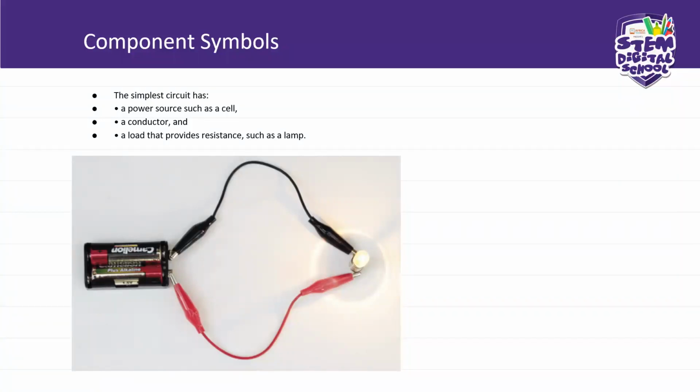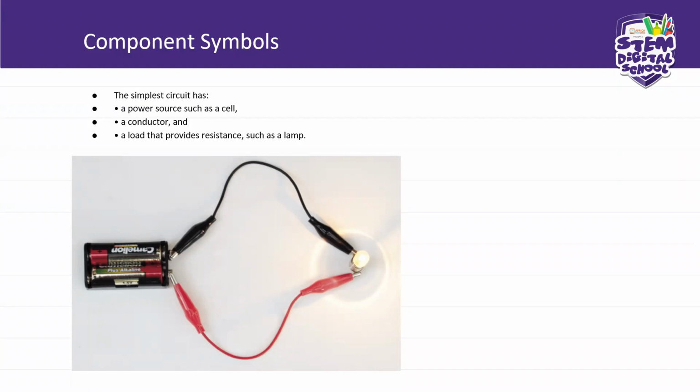Okay, so I want you to understand the concept of resistance, because we are going to do a lot of resistance this term. Resistance in this regard is on the lamp. In this circuit, the output provides resistance. So resistance is provided by the lamp.